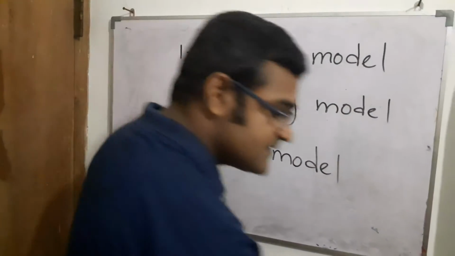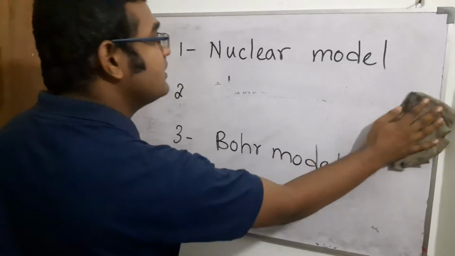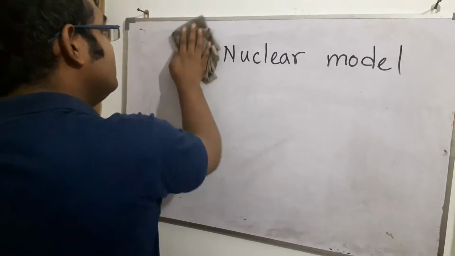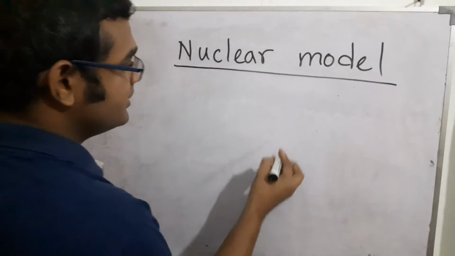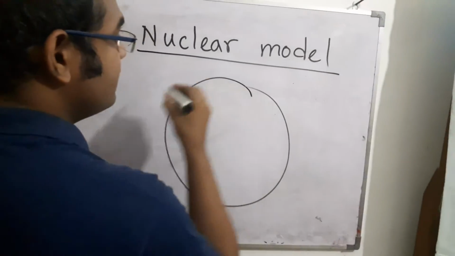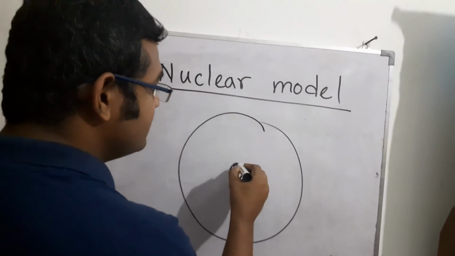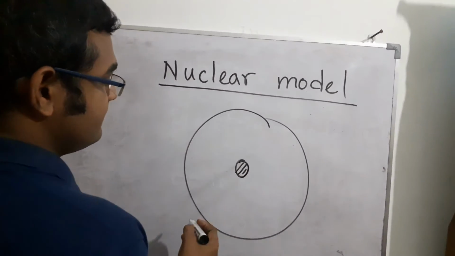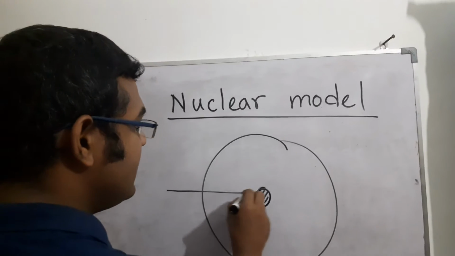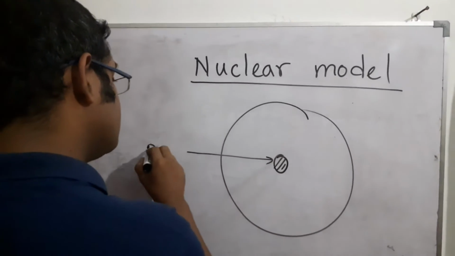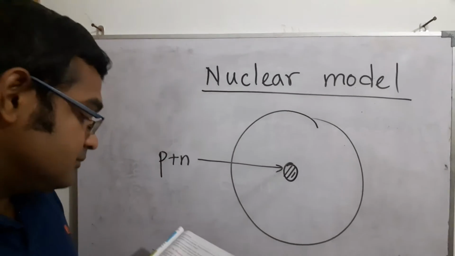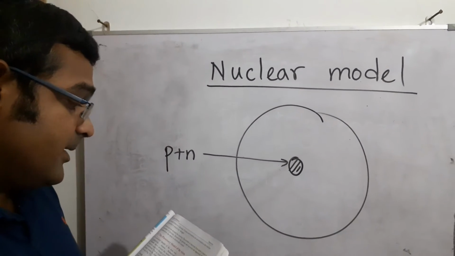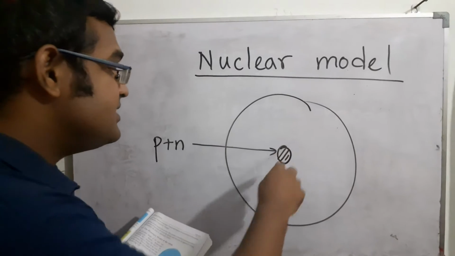So first we will discuss the nuclear model. The nuclear model can be easily described using a football ground. The football is here, so it's a very small area. In that area, protons and neutrons are accumulated in the nucleus.